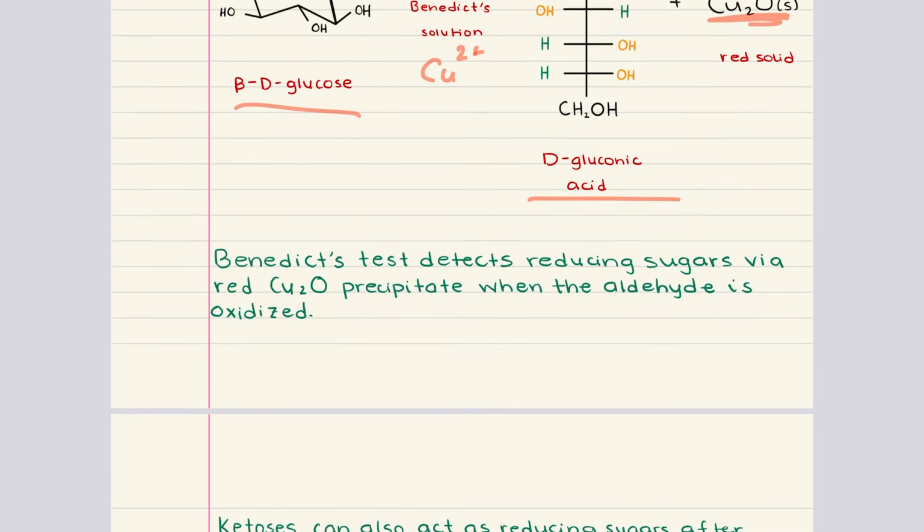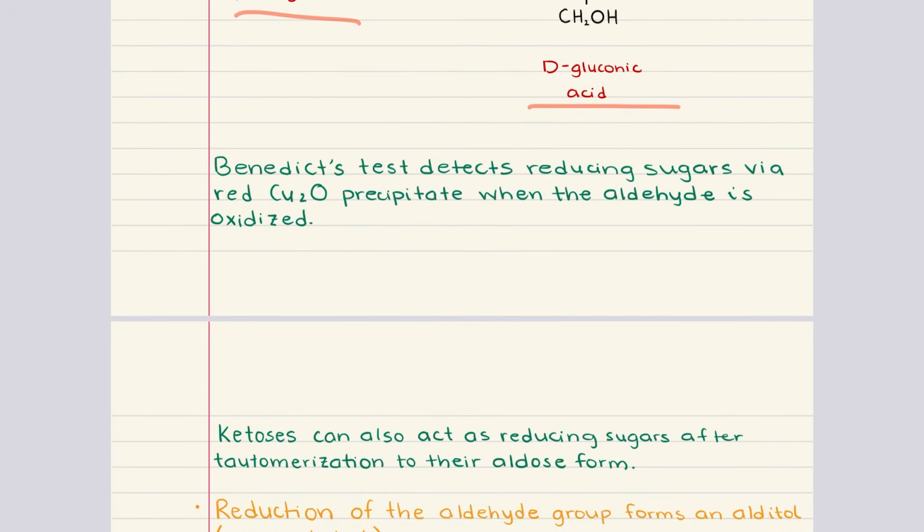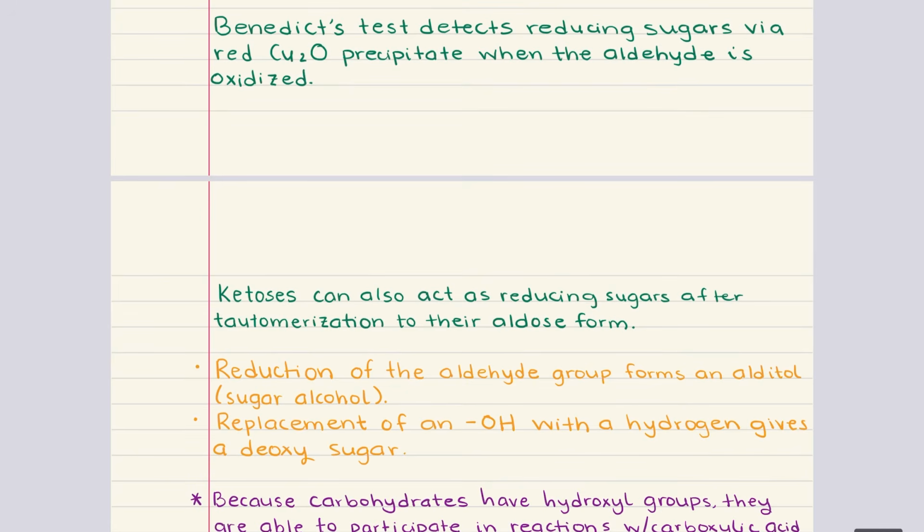Now, you might be wondering, what about ketoses, like fructose? It turns out that ketoses can also act as reducing sugars, but only after they undergo tautomerization to convert into an aldose form. Once they do that, they can participate in the same kinds of redox reactions.